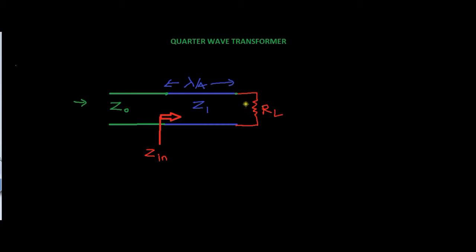Before going further, we need to define a few parameters related to all these impedances and partial reflections which are happening in this circuit. The parameters we are defining will be based on this circuit.